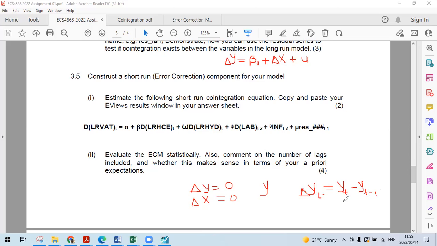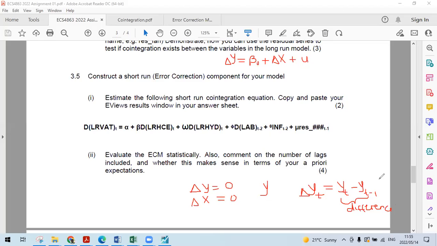This is what is called the difference, isn't it? That's the difference we have been doing, the D that we've been using. These are difference equations. This is the change in Y_t.